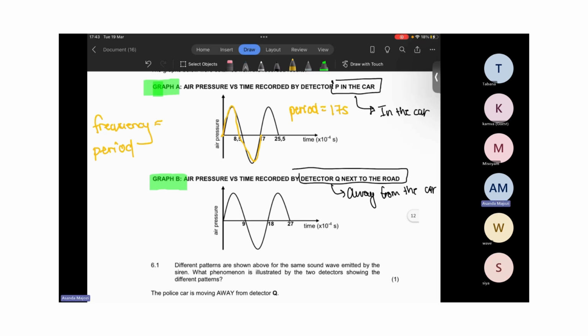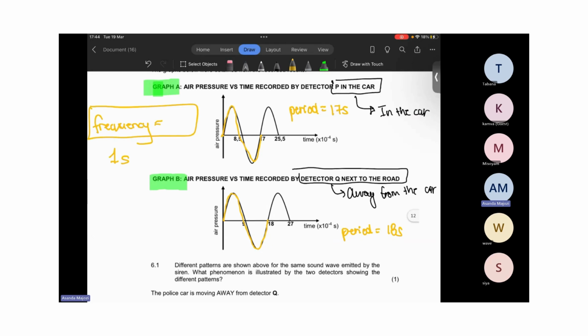Right, so quick revision is that we've got what we call period, and period is how long it takes for one wave to form, right? And that's what we have here. For graph B, if this is a complete wave, it means that the period for that wave would be 18 seconds. But frequency is basically the amount of wave that is formed within 1 second, right?